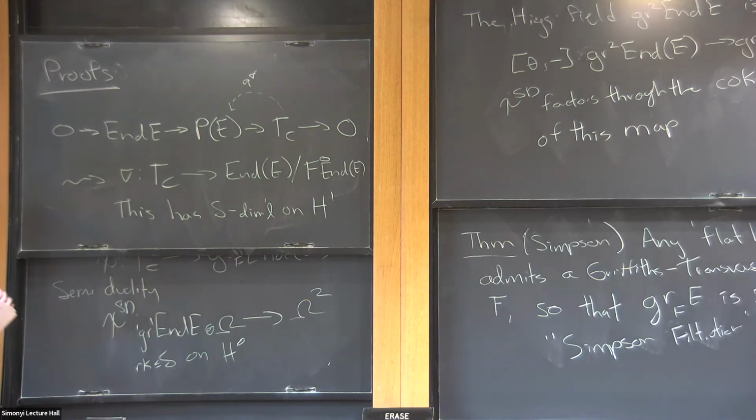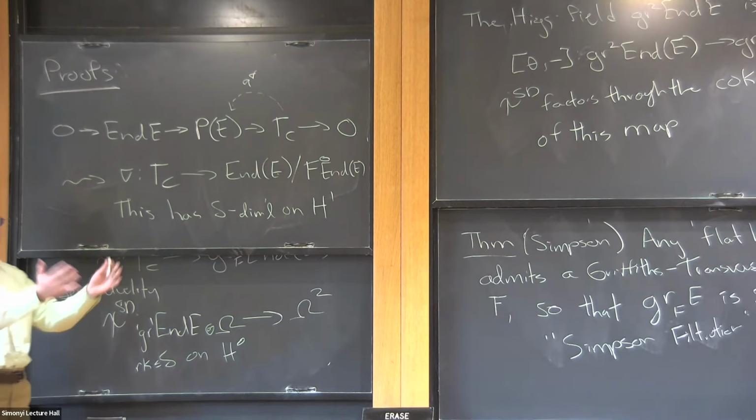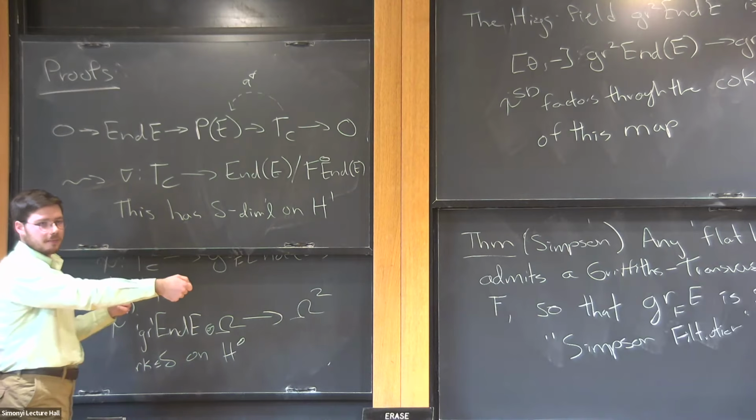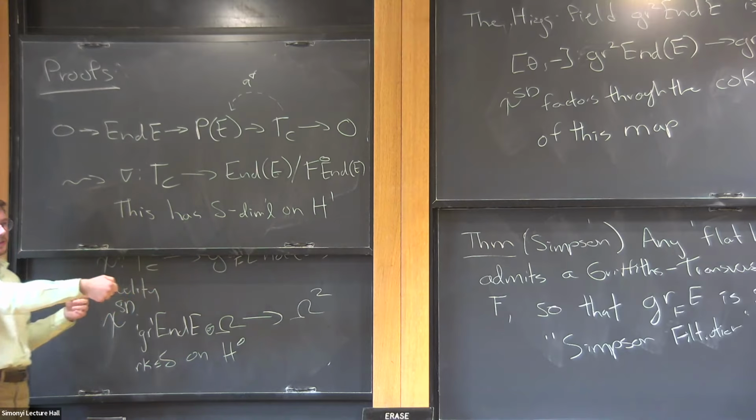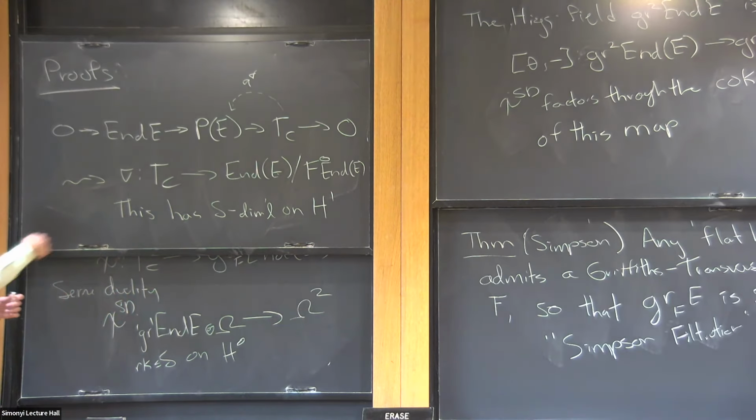So basically, the locus at which the filtration does deform, the dimension of that is going to be in the kernel of a connecting map in the long exact sequence. And so the image you get in the next map over is going to be delta. Okay, so this somehow is related to measuring the deformation of the filtration in some way. That's right. One way to say it is that this map on H1 is the obstruction map to deforming the Simpson filtration in the isomonodromic deformation. I see. Okay, cool.